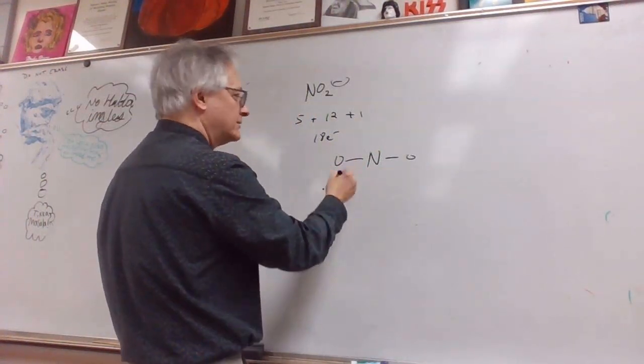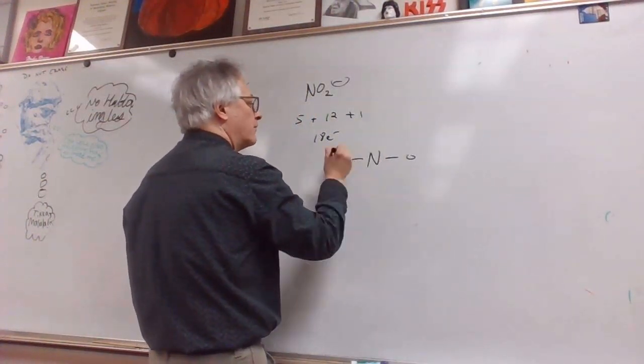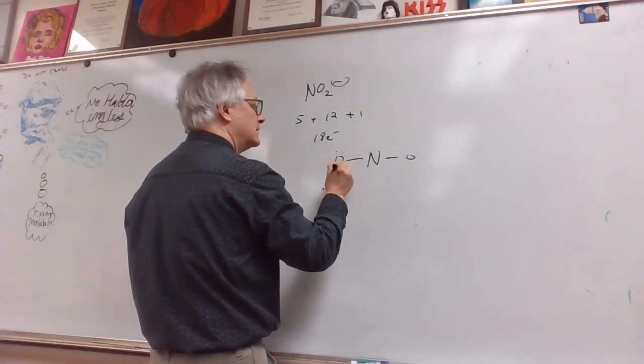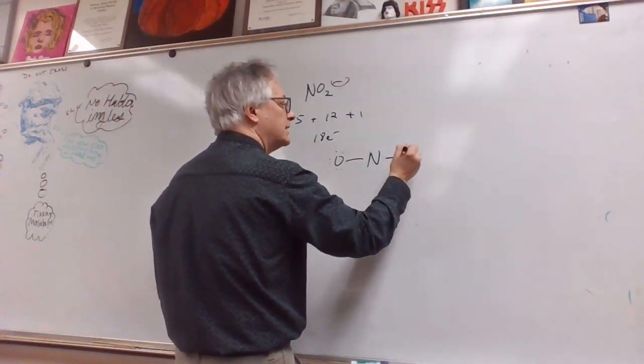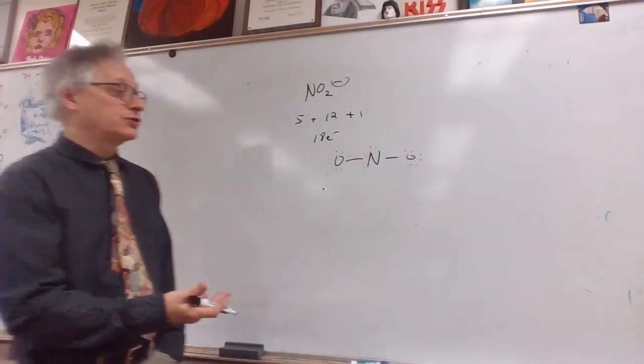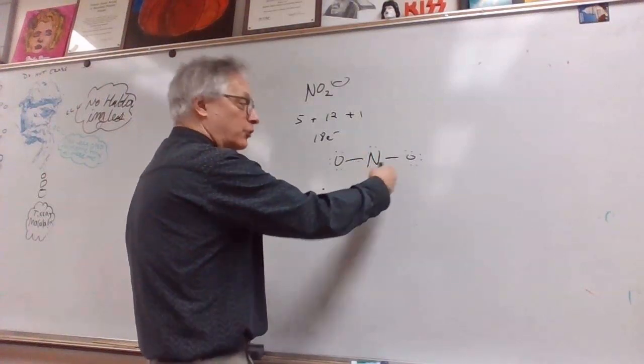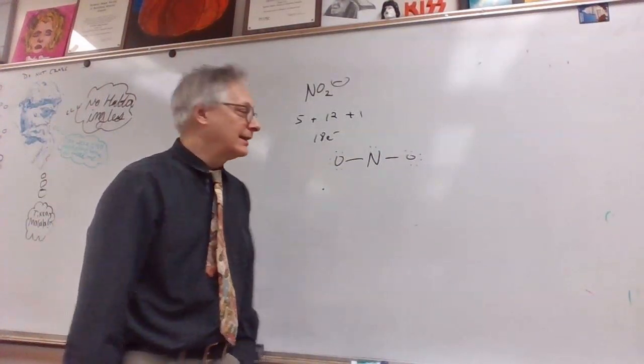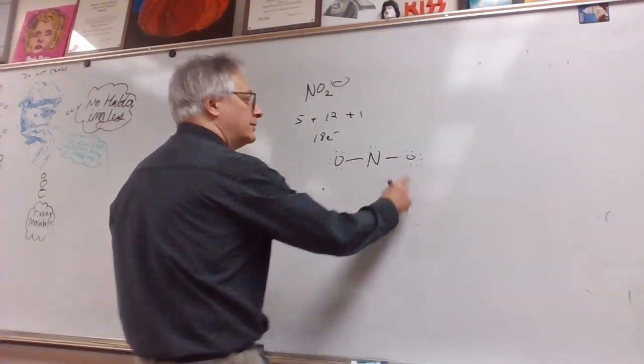I'll start on the outside. 2, 4, 6, 8, 10, 12, 14, 16, 18. Well, there's one possible structure for this, but it's not a good one because nitrogen does not have 8 electrons around it.